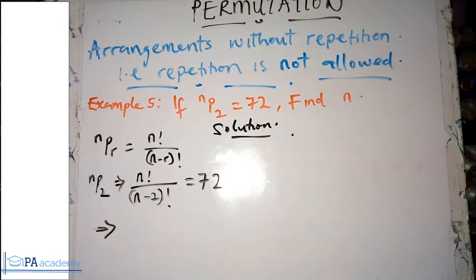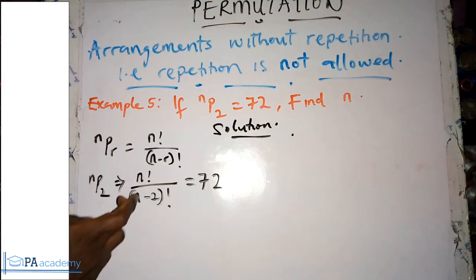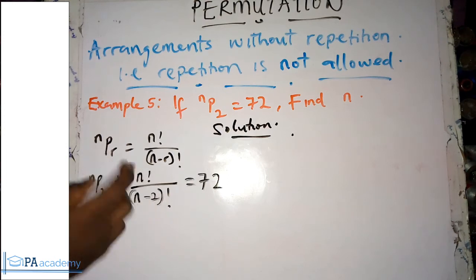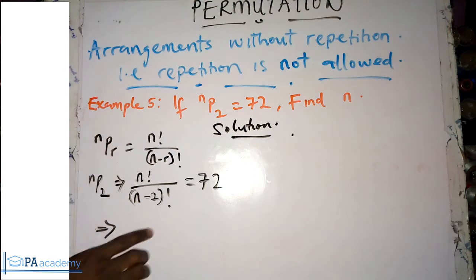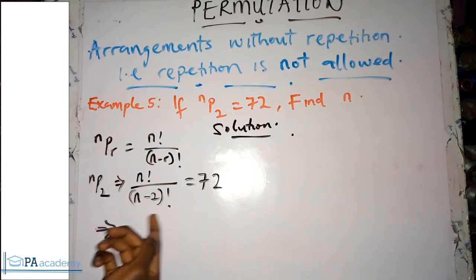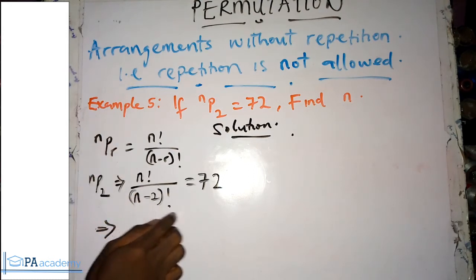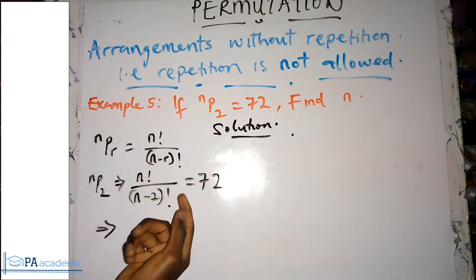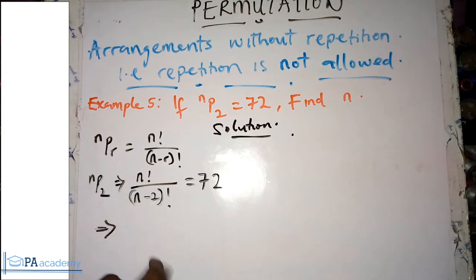Now if you look at this question, we are looking for n and we don't know the value of n. For us to move forward, we are going to write this n factorial in such a way that we also have n minus 2 factorial in the numerator, so that we can cancel out the factorial that is appearing in the denominator, because if we don't cancel it, it will be difficult for us to get our answer.